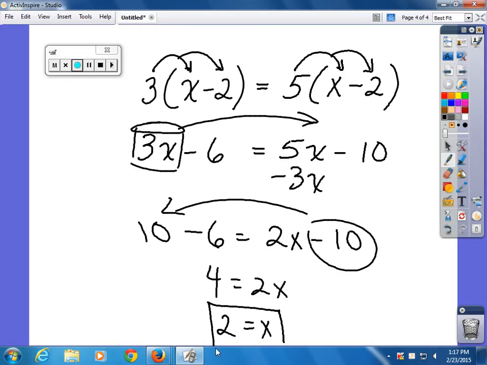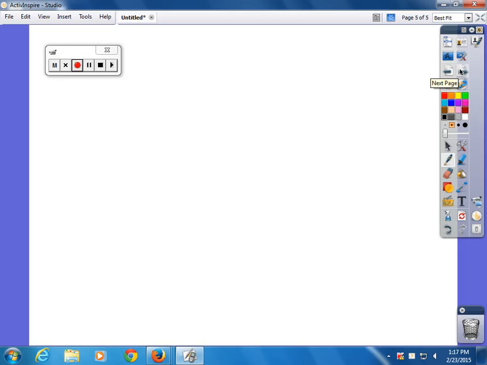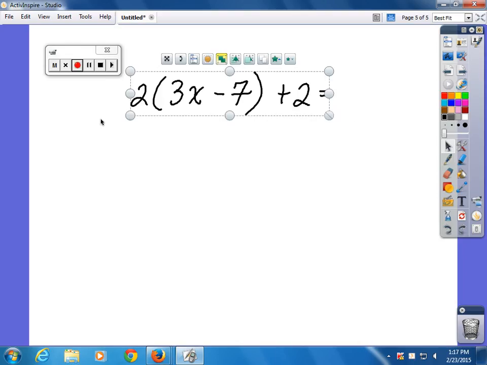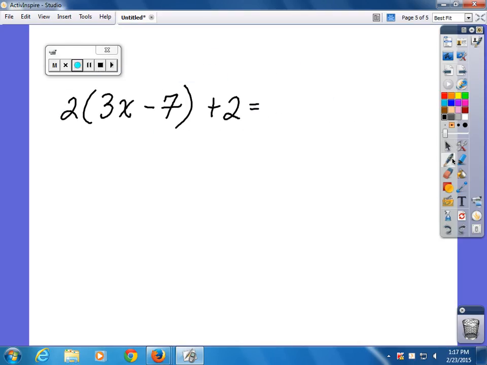So let's go ahead and take this type problem, and I was going to copy it over, but I'll just make another one up. 2 times 3x minus 7 plus 2 is equal to 3 times negative 2x minus 7 plus 4.